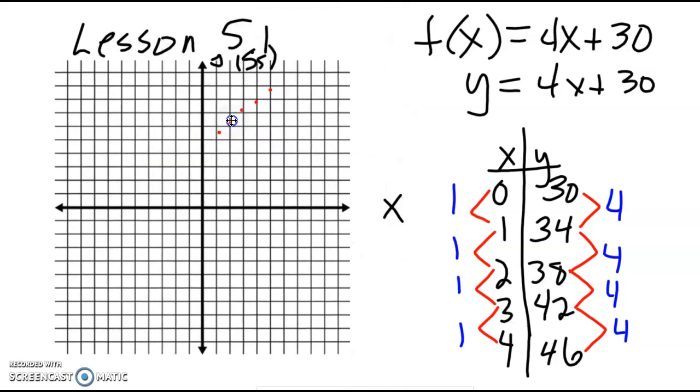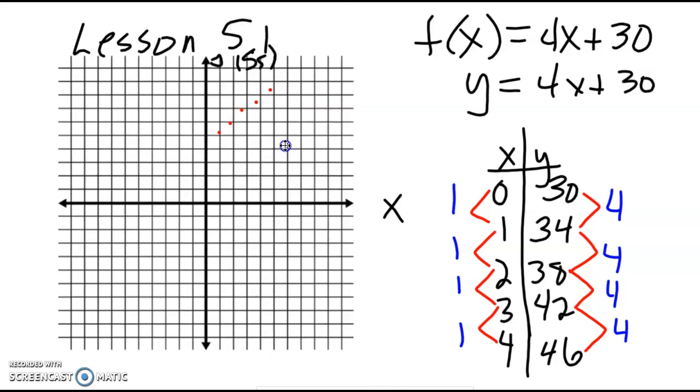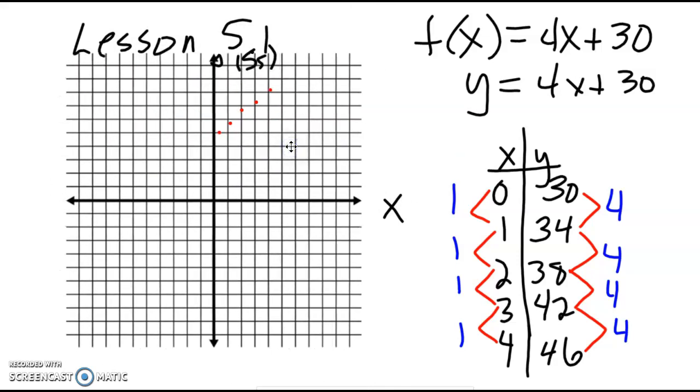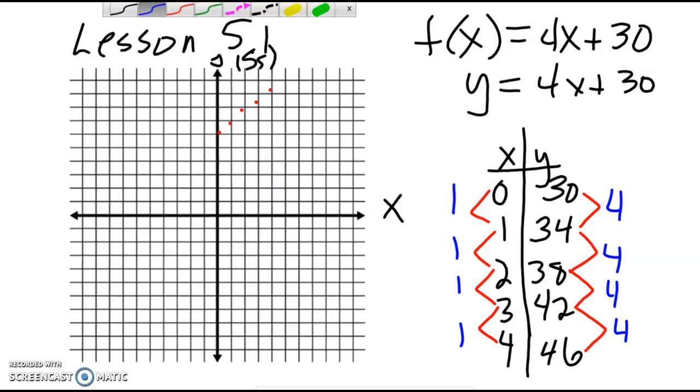So this would give us something. Whoa, I didn't mean to do that. Supposed to draw. Where are we? 0, 30. So that would be 5, 10, 15, 20, 25. There we go. So we could draw a line. It would go through that. All right, so the difference on our x's is uniform. It is 1 every time.